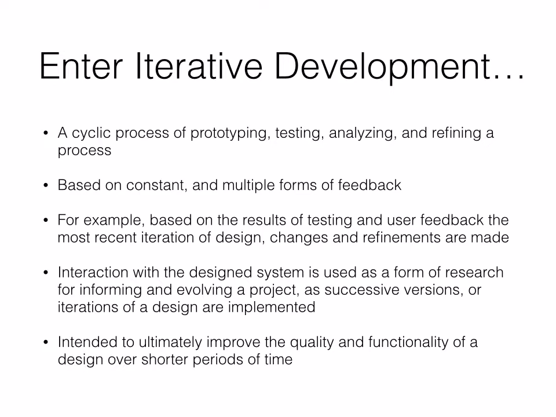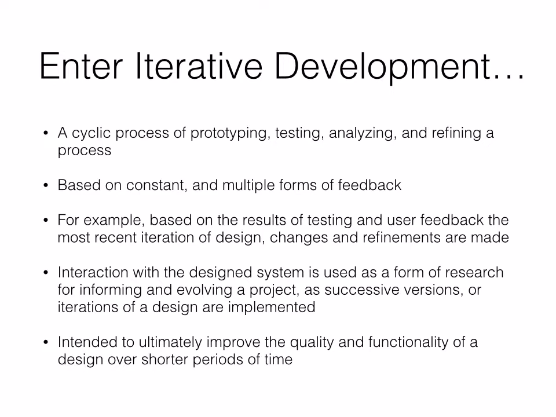So it's based on constant and multiple forms of feedback, and we'll talk a little bit in some of the future slides about what types of feedback there are. But for example, based on the results of testing and user feedback, on the most recent iteration of design, changes and refinements can be made, but it's based on testing and getting that feedback by which you can make those changes.